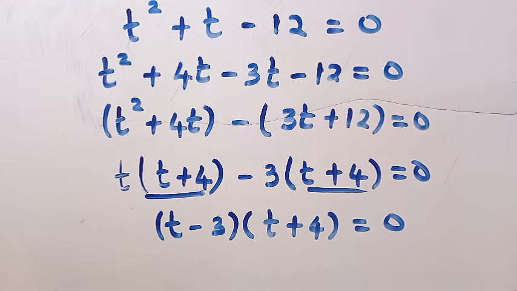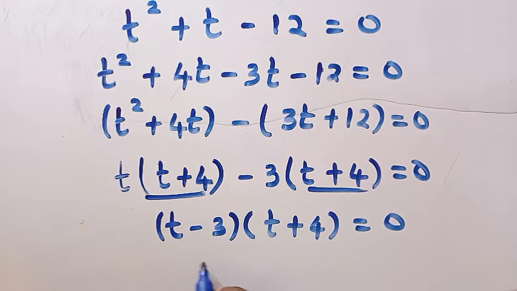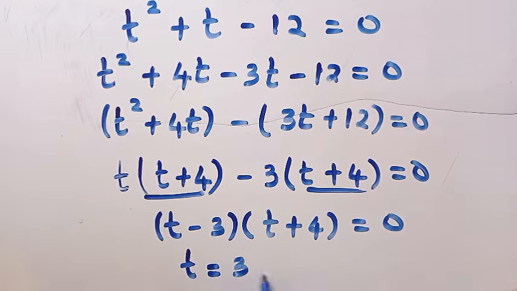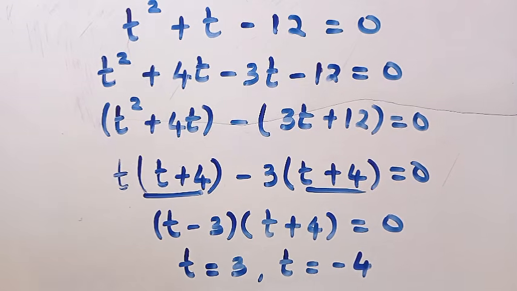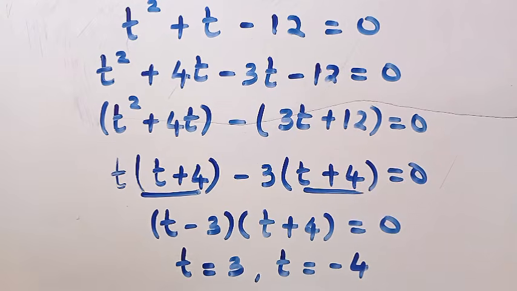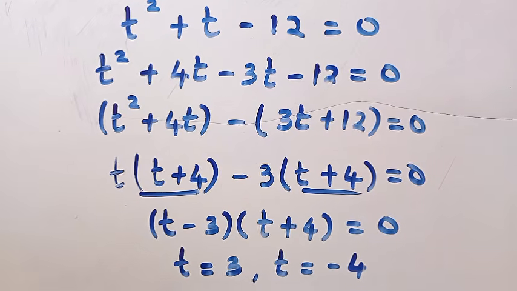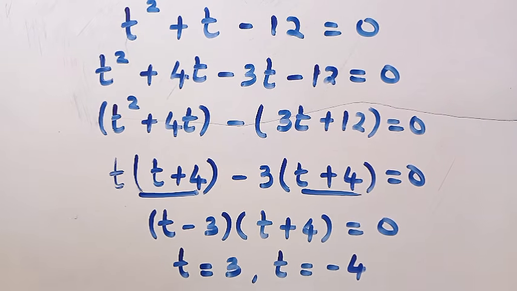From these two factors that we have, we can see the answers already: t equals 3, or t equals minus 4. This 2 that we have on top of t shows that it's a quadratic and we get 2 different answers.